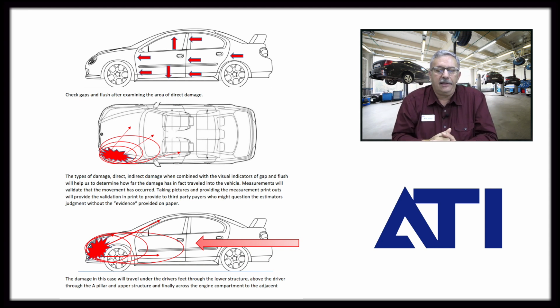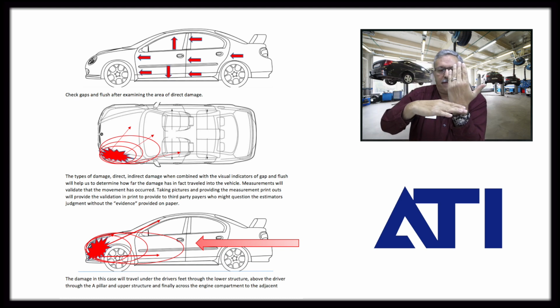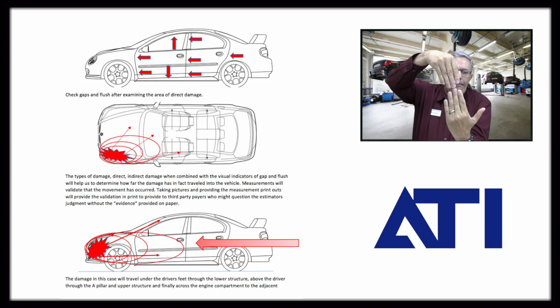On the left side of the vehicle is where the impact occurred. Typically what's going to happen, if this would be the front of the vehicle, this would be the back, if the damage is on the left front, I'm typically going to see the back deflect and try and move forward towards that area of damage.